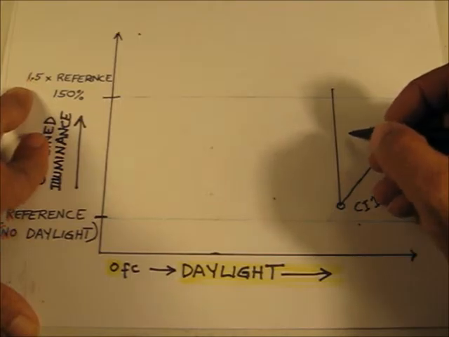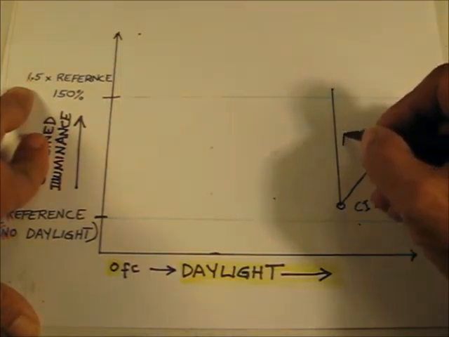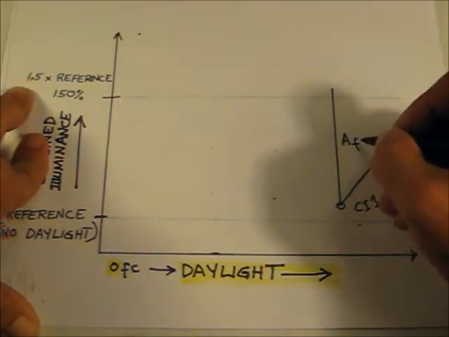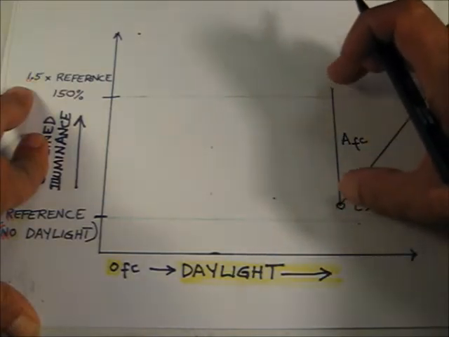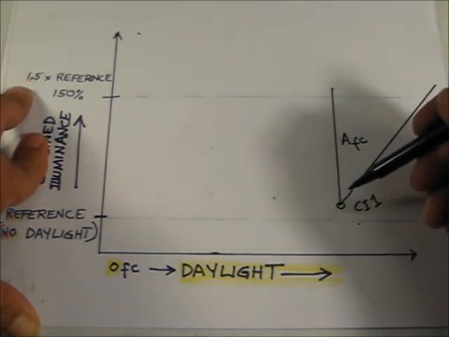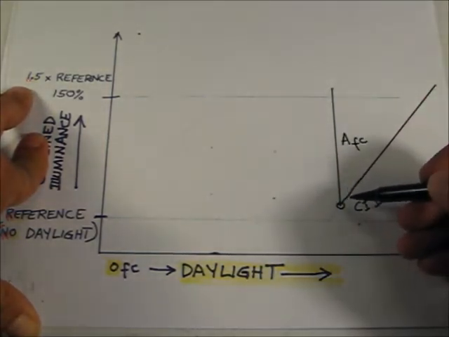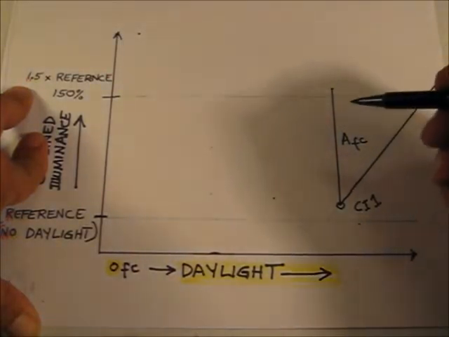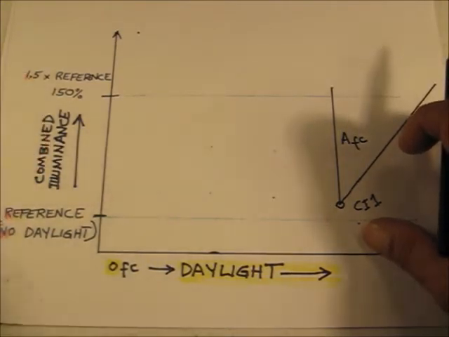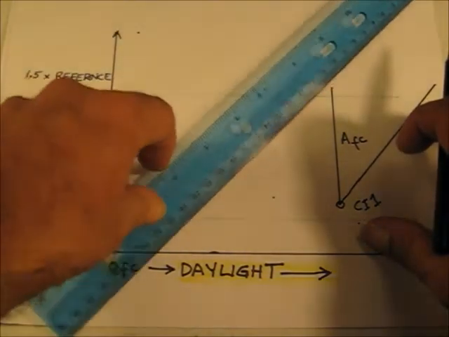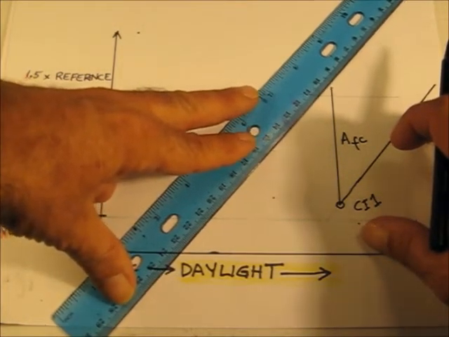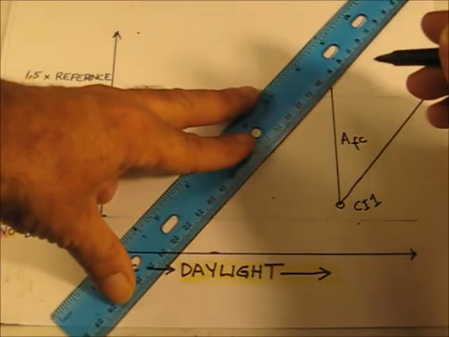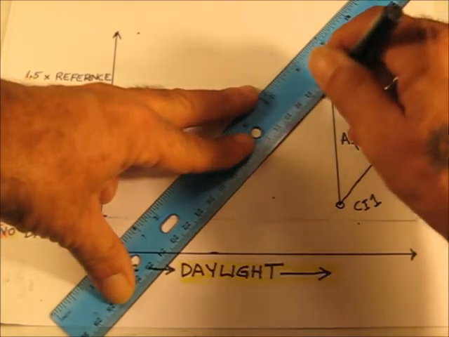We're going to say that that is A foot candles. This is the amount of lighting that is being contributed to this interior space when the first set of lights snaps on.